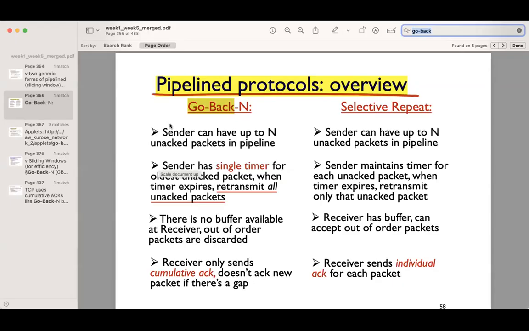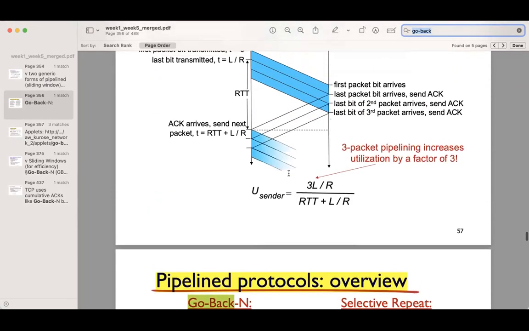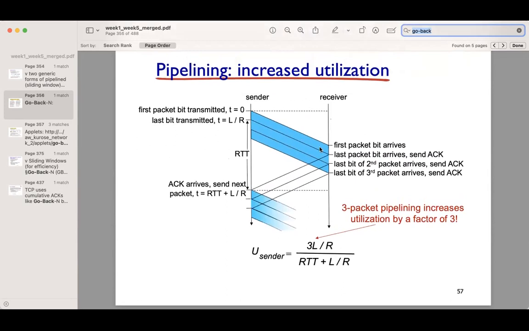Okay, so here is go back N and pipeline protocols. So just imagine we have lots of packets to be sent. So what can we do with this kind of protocol? And what if we have packet loss in the middle?